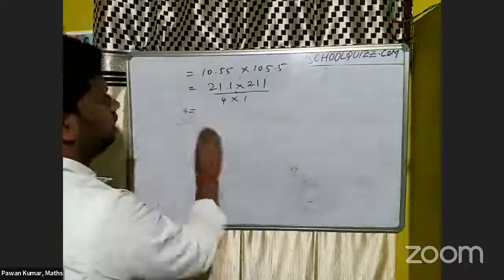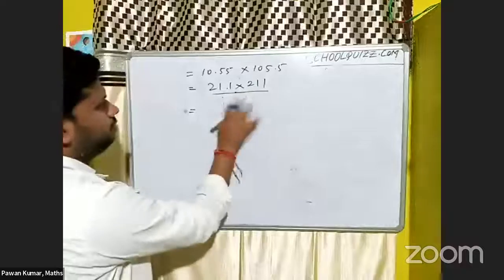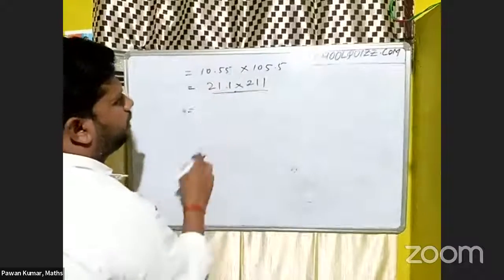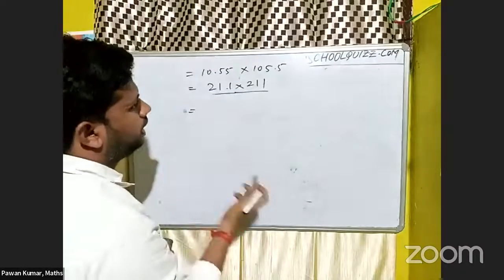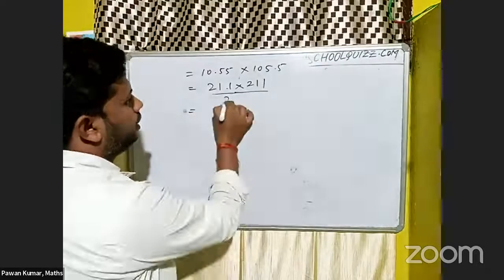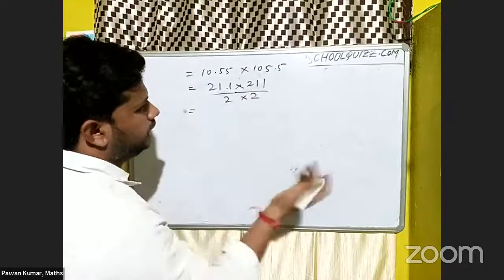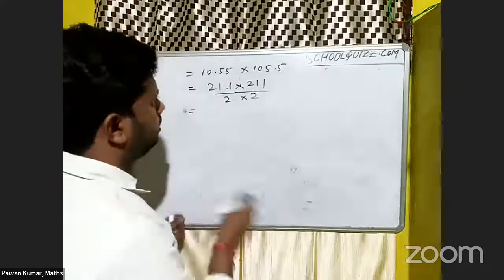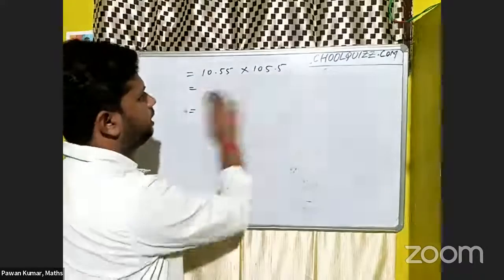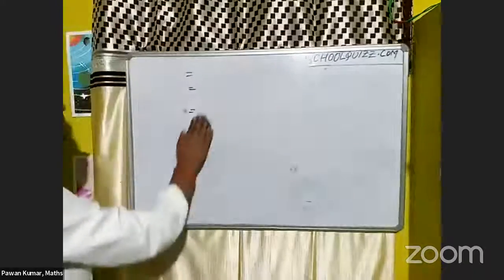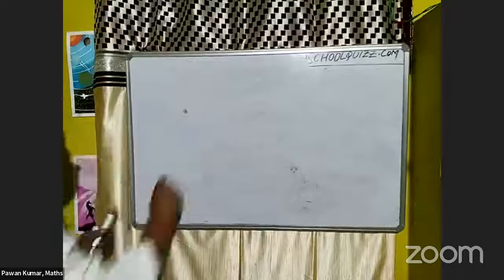After that you can make it a simple 4, directly divide 21.1 by 4, or make it half of half. Anything you can do after that, so that makes your calculation easy compared to before. So this is when the rate is in fraction.